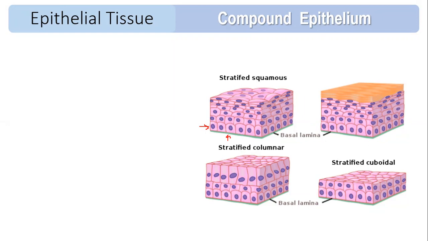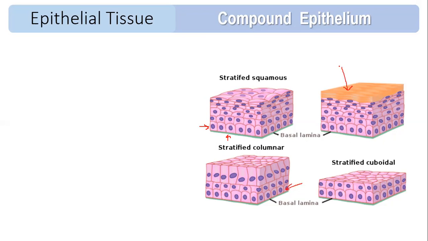So here the nucleus is present in the stratum germinativum. If you see the lowermost layer of the skin, that is called stratum germinativum, and that stratum germinativum has a nucleus, whereas the free end, you can see this is the free end over here, becomes flat and is going to lack the nucleus.